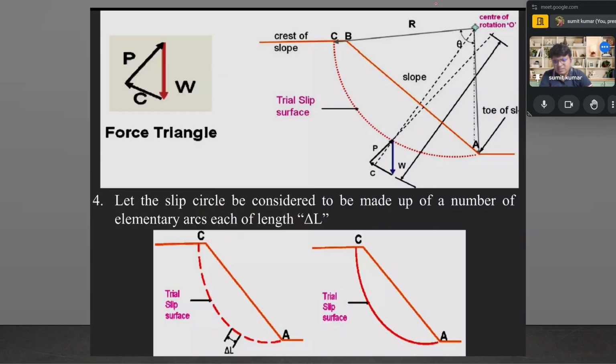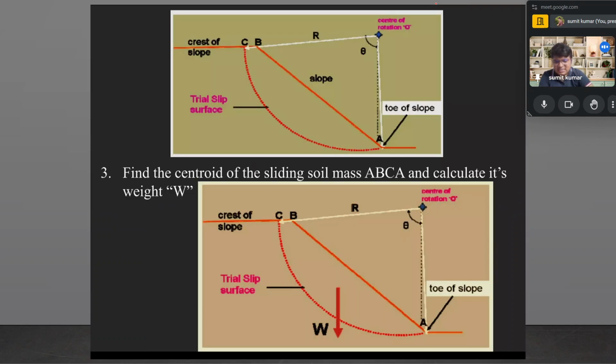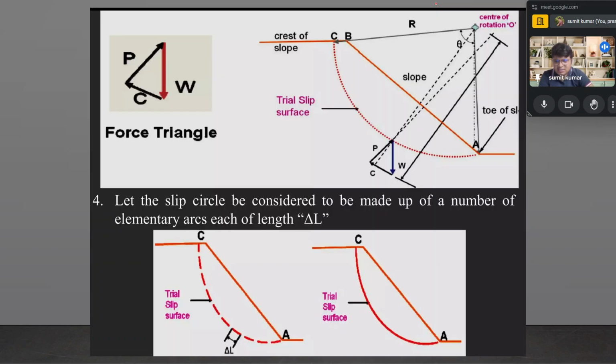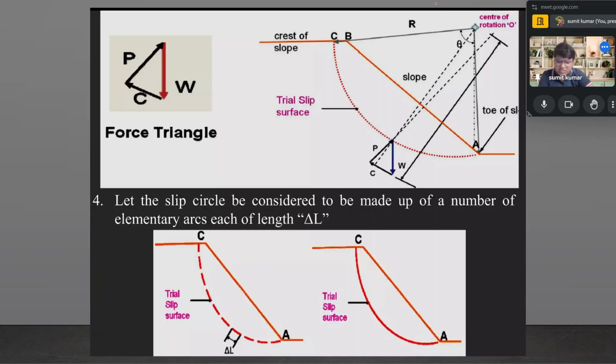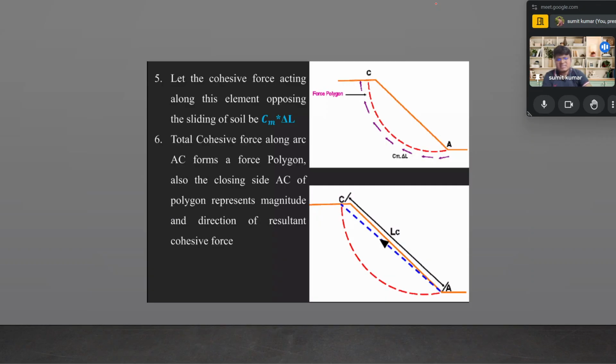Now the force triangle gets formed, in which W is acting in the downward direction, C is acting in the lateral direction to that, and P is acting perpendicular to C. Now let the slip circle be considered to be made up of a number of elementary arcs, each of length delta L. This was discussed in more detail in the last class, but here we take a glimpse of that.